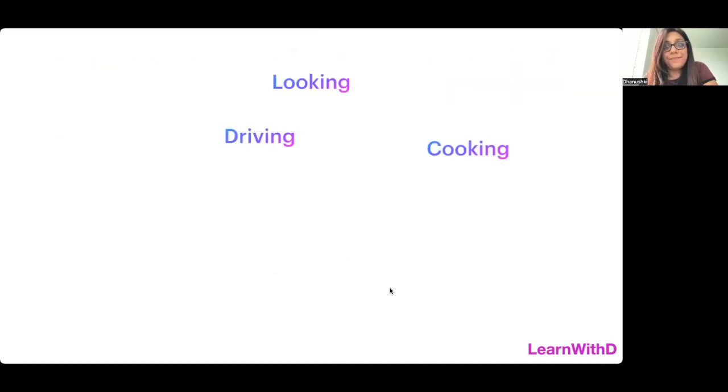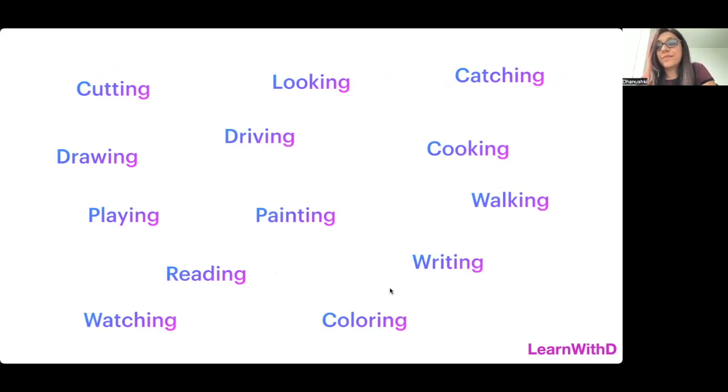So, what are these? We looked at this in our earlier video with present continuous, right? So, we know that these are the continuous forms of the verbs, like painting, cooking, walking, writing. These are all continuous verbs, okay?